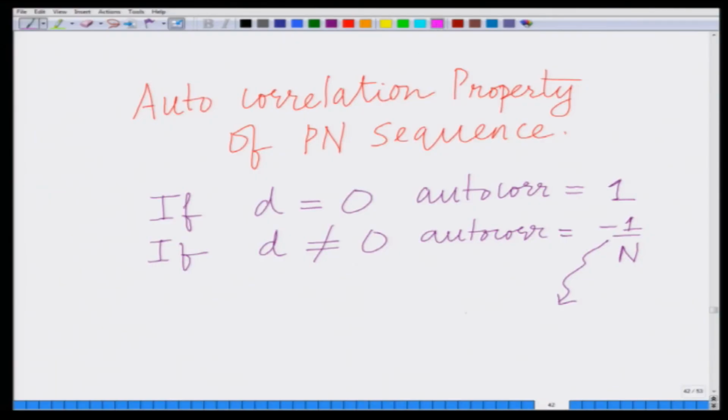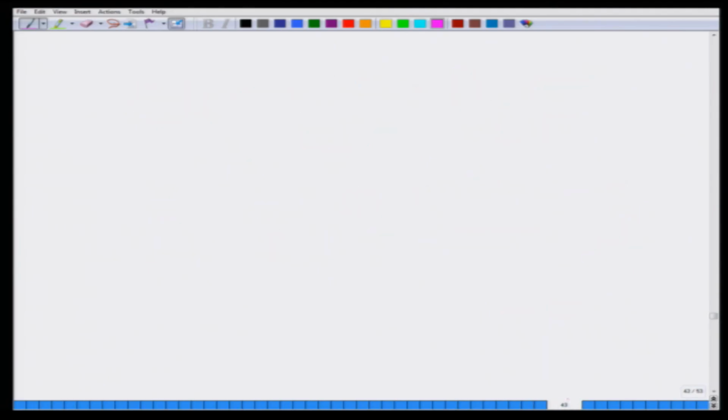So, this is approximately equal to 0 for large n, or the autocorrelation decreases as 1 over n with large n. Therefore, I can plot the autocorrelation function of the PN sequence.